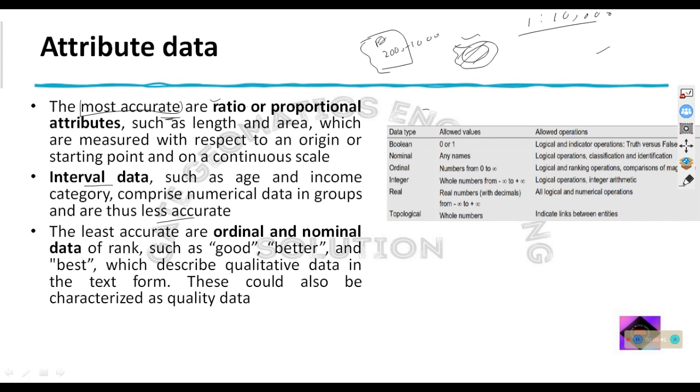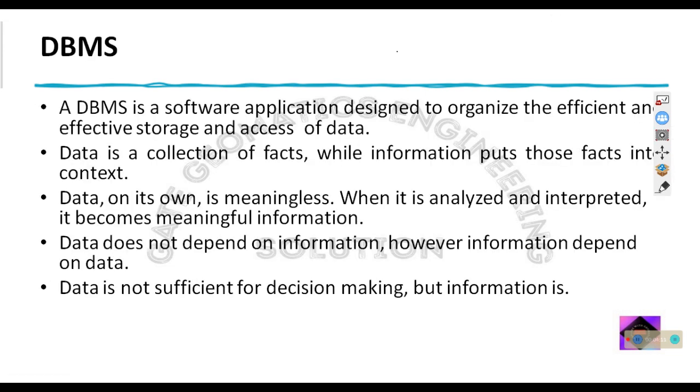And another one is the ordinal or nominal data, which represents something like good or bad. So it is not representing a particular data or a particular property properly. That is why it is the least accurate attribute table.